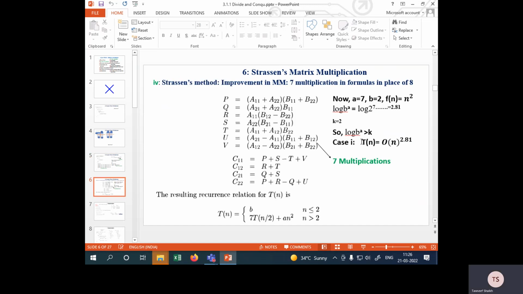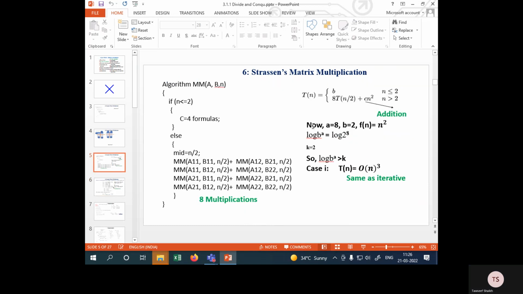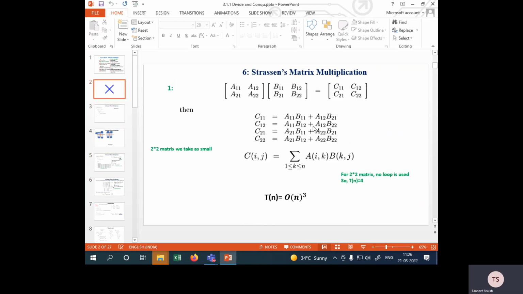So what he said is that, since in the matrix multiplication, as I said, it is the multiplication operator which is actually determining the total time the algorithm will take.